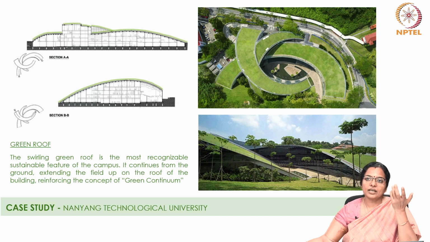The swirling green roof is the most iconic sustainable feature of this campus. It starts from the ground and extends the field up onto the roof of the building, reinforcing the concept of a green continuum.